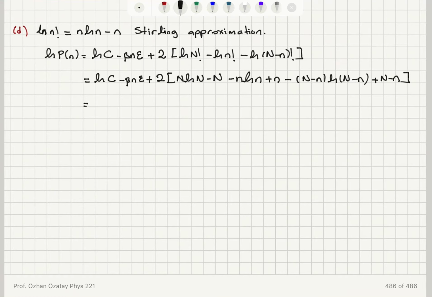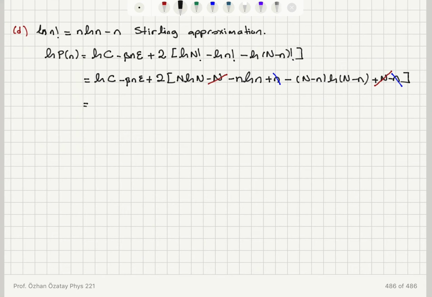So you can see that I have some cancellations here. There is one cancellation: this minus capital N will get rid of this plus capital N. And there's another cancellation for n here. So this n will get rid of this n.